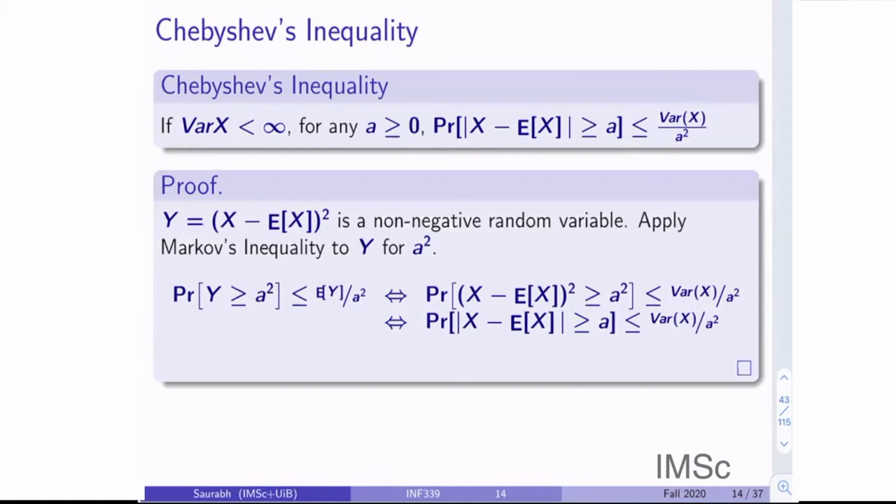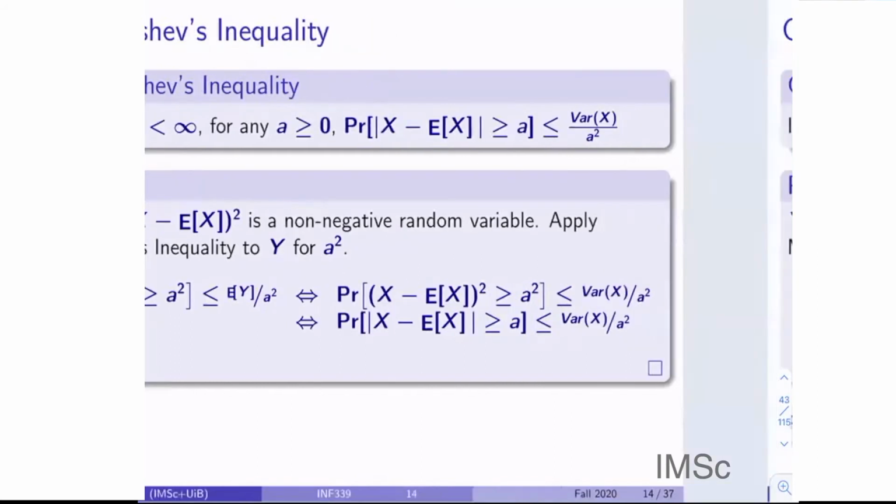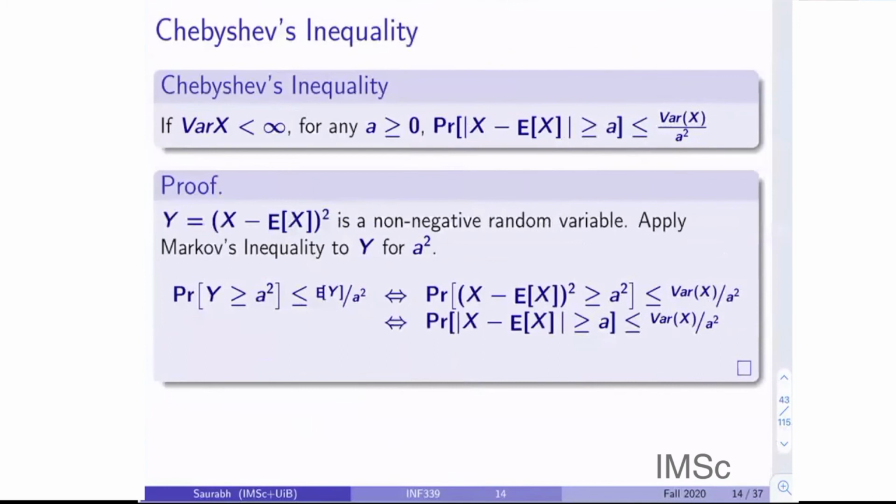This is where we use the fact that, look, the set where |x minus E[x]| is greater than or equal to a, and the set where (x minus E[x]) squared is greater than or equal to a squared, are the same. This is why we can apply it. We got from here to here. Any questions? I already explained this to you previously.